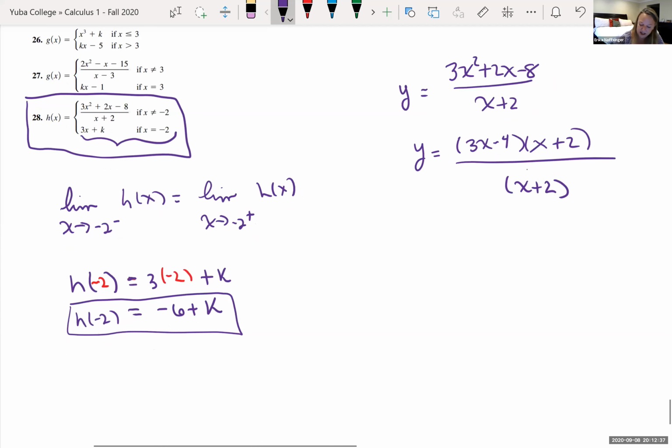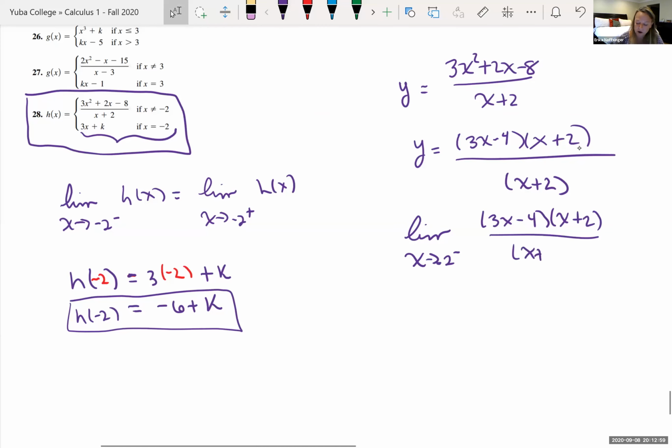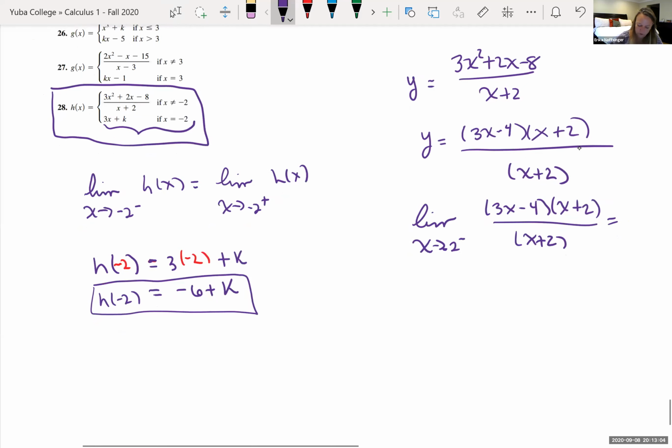And so when I look at the limit here as x is approaching -2 on the left, I'm basically using this equation. If we plugged in -2 wherever we saw an x, we're going to get the indeterminate form of 0 over 0. That, remember, didn't tell us anything.